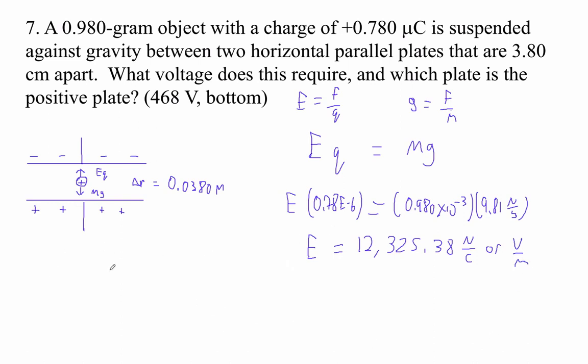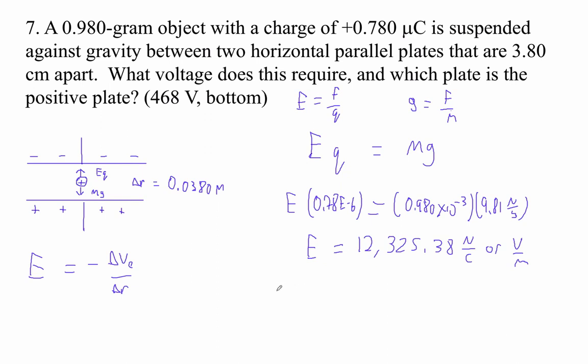Now we're going to use this formula, where the electric field is the change in voltage over the distance. I don't always ignore the minus sign, but in this case I don't really need any direction from this, since I know where the positive charges are. But I am going to use it to figure out the voltage.